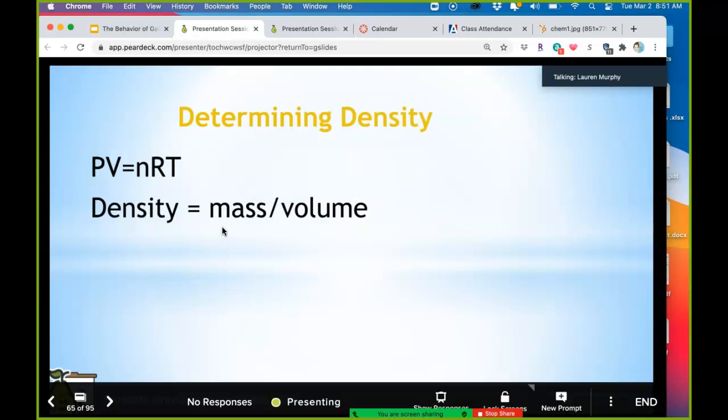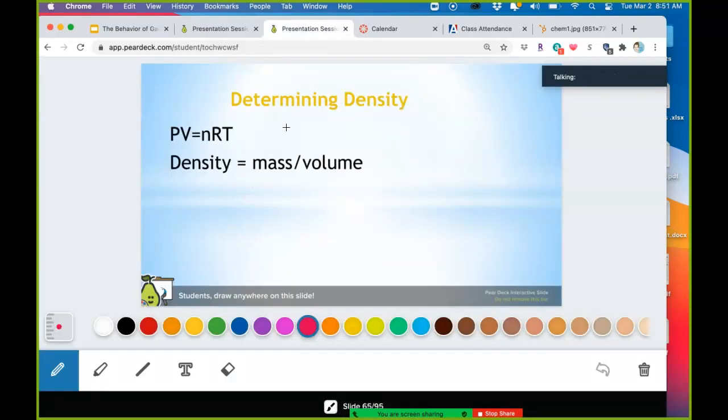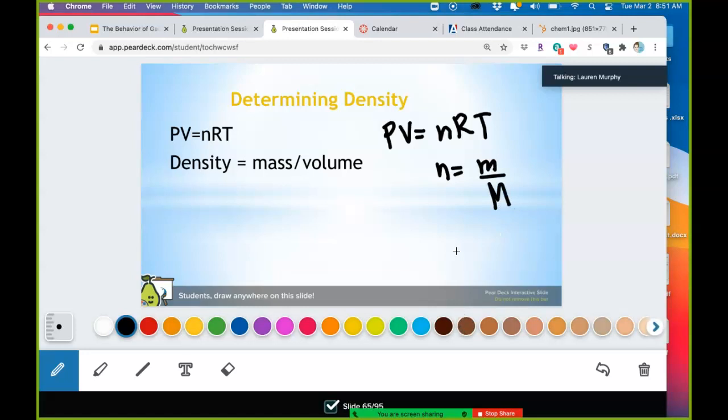Just like the equation that we did before, we said the ideal gas law is PV equals nRT. And the new thing we said was moles is mass over molar mass. That's how you get to moles.